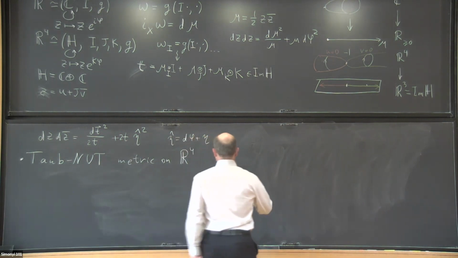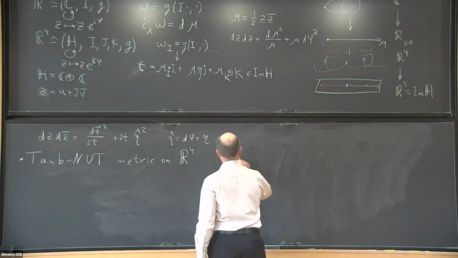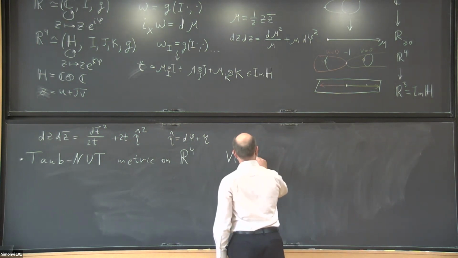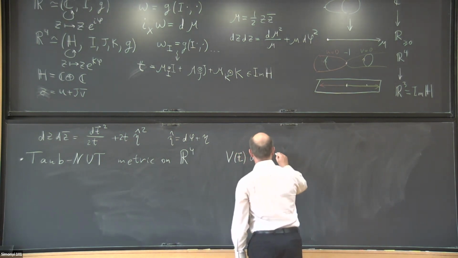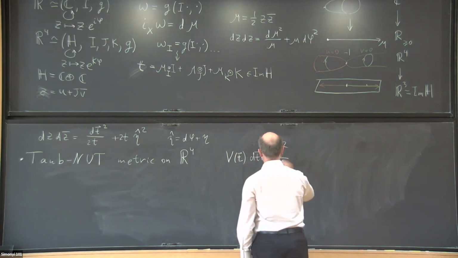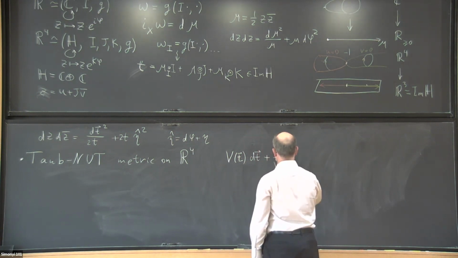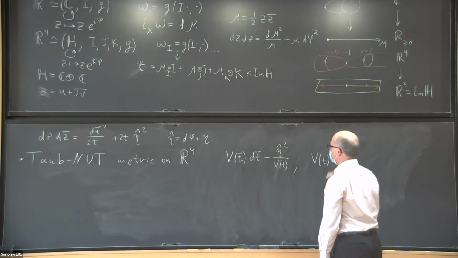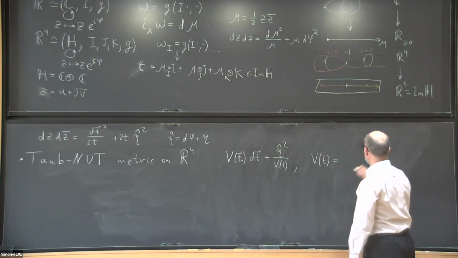It has a very similar form. Some b. Exactly the same one. So before, in R4, this was 1 over t.